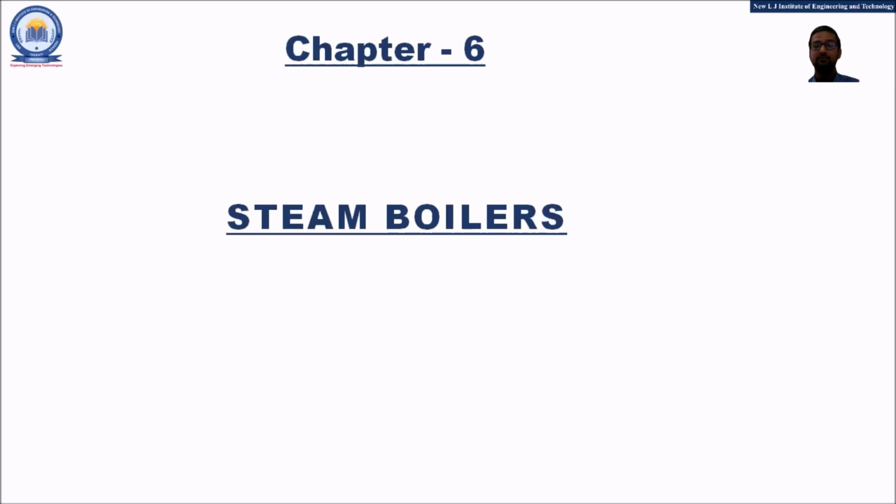If you remember, in the last lecture, we understood the important concepts related to the steam boilers, the main parts of the steam boilers, and the three most important types of steam boilers: the Cochran boiler, the Lancashire boiler, and the Babcock and Wilcox boiler.